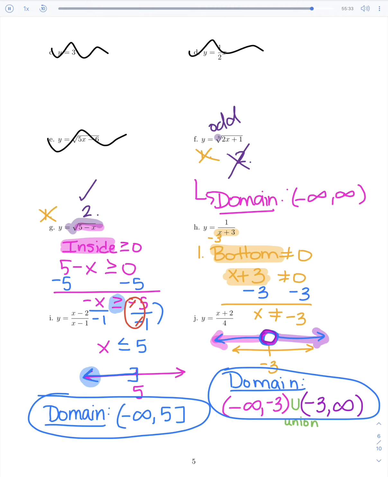The parentheses means not including negative 3. The union means put this together with another piece that does include negative 3 but continues all the way off to positive infinity. Notice the only thing that this means it's leaving out is the value negative 3. Everything else is okay.